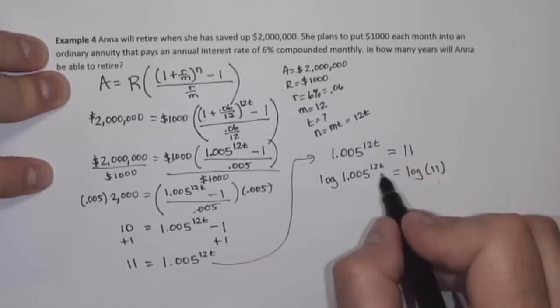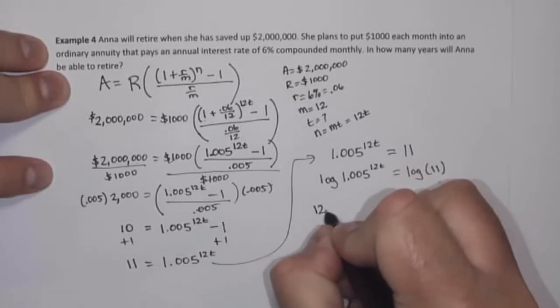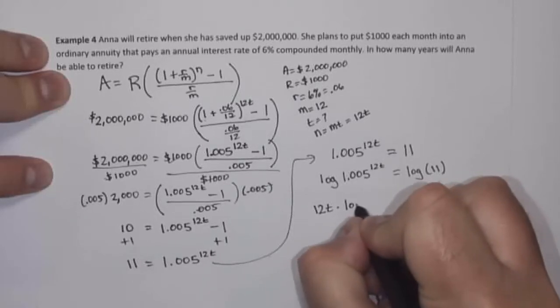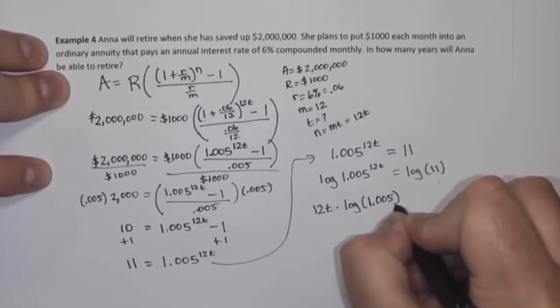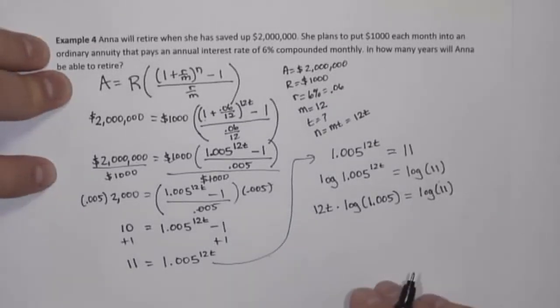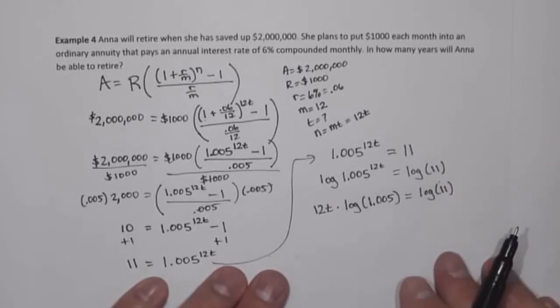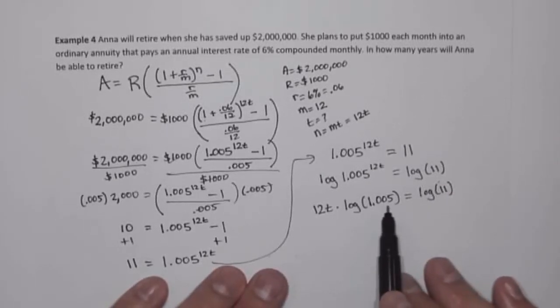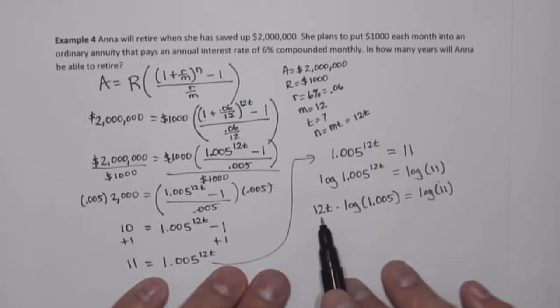So I can now pull that 12t down. So 12t times the log of 1.005 equals the log of 11. Now remember, the log of 11 is just a weird number. The log of 1.005 is just a weird number. And 12 is just a number.